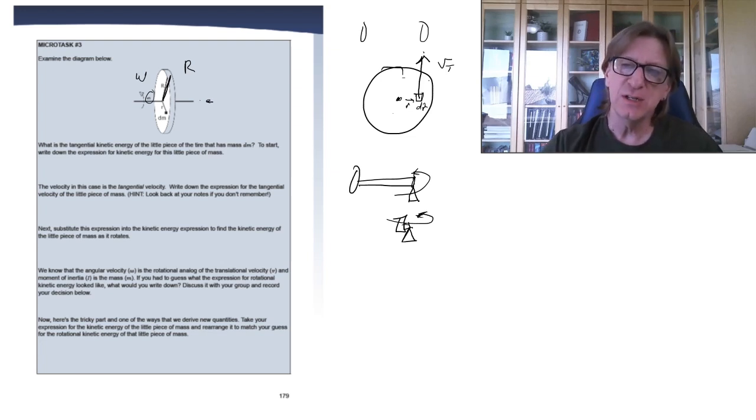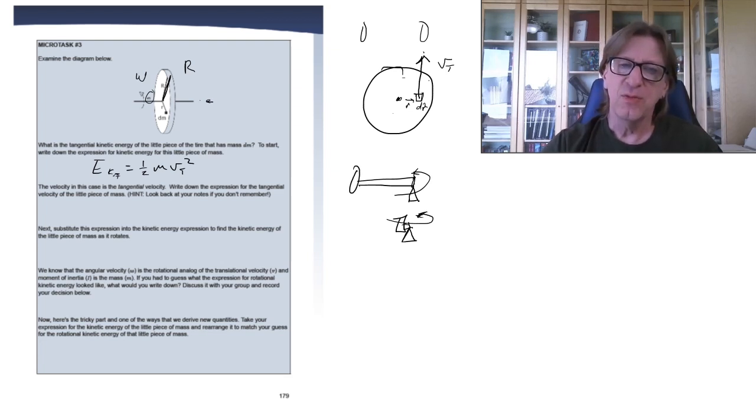So using the tangential velocity, pause the video and write down the expression for the translational kinetic energy, how it's moving straight forward at that very instant. All right, well, this is just our regular kinetic energy, so we know E_K, and I'm going to put T so that we're talking about the same thing here, is going to be 1/2 times the mass times v_T squared.